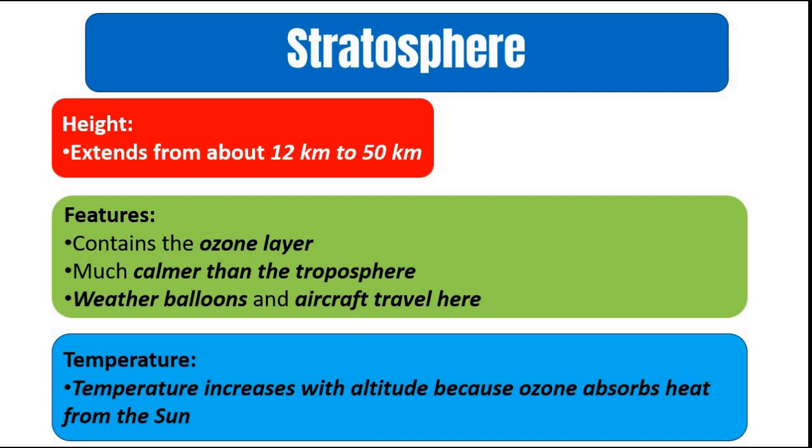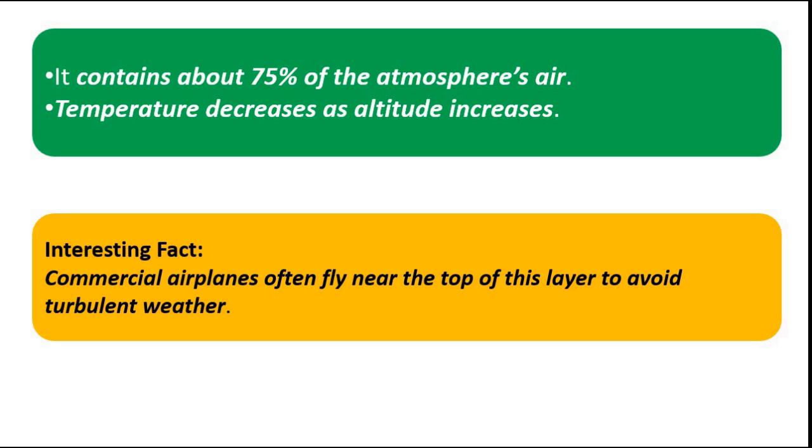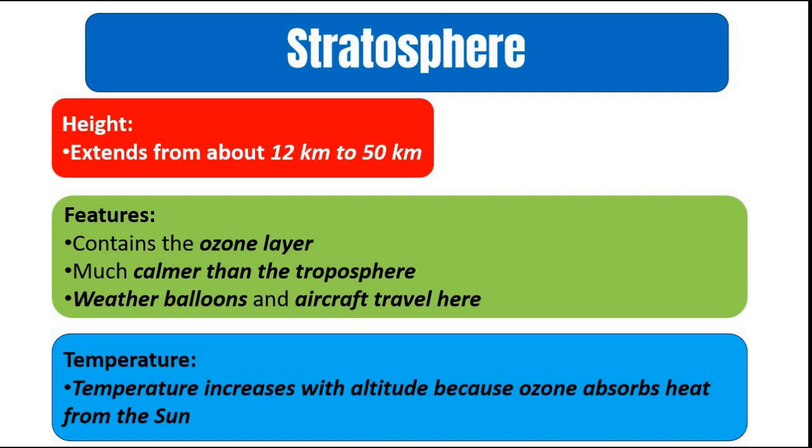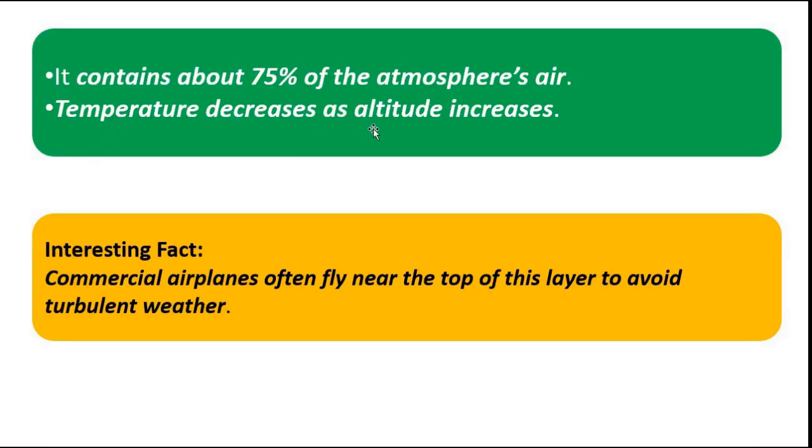Here the conditions are different from the troposphere. In troposphere the temperature decreases as altitude increases, and here the temperature increases with increase in altitude. So this is the main difference between troposphere and stratosphere. These are the two important bases on which we are dividing the layers, temperature and altitude. So it is very important to remember that.